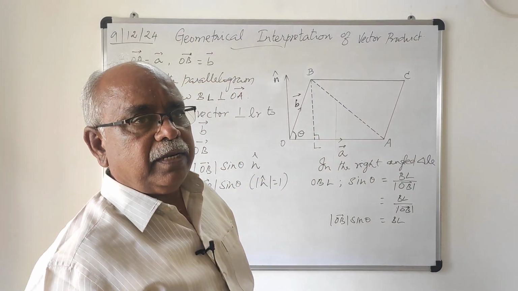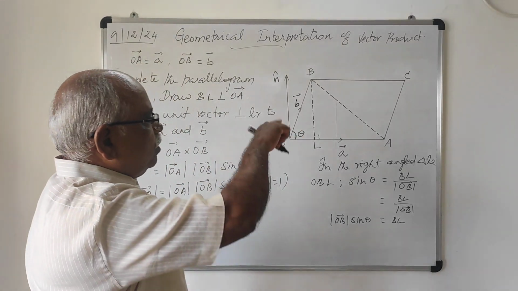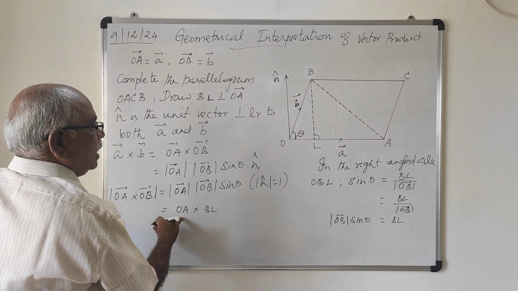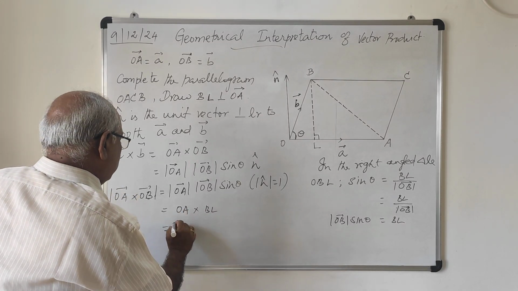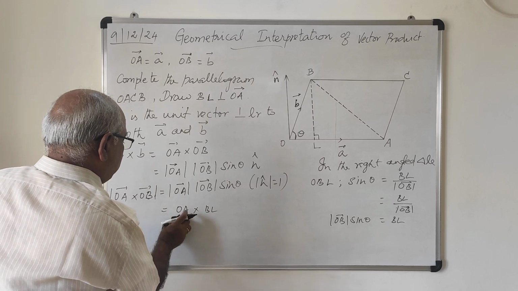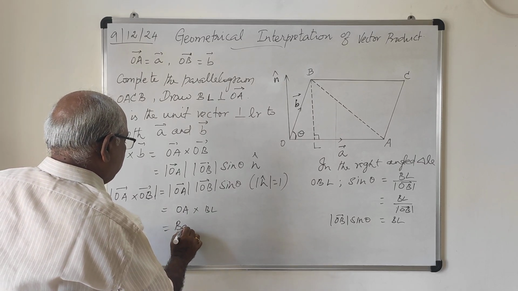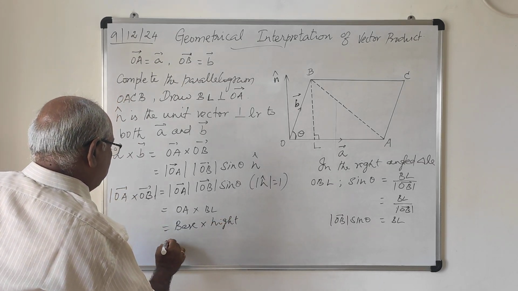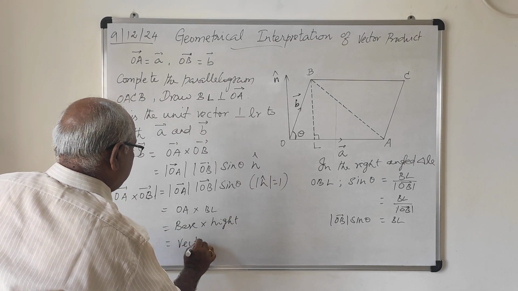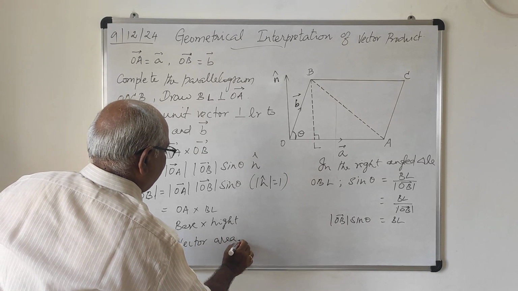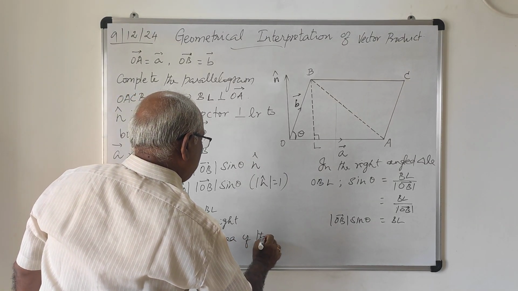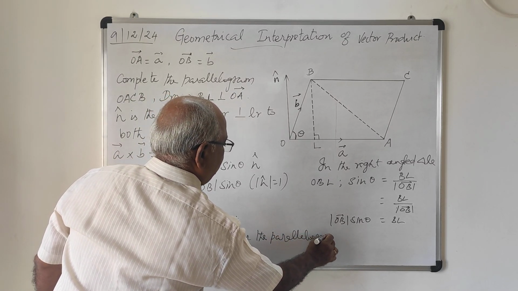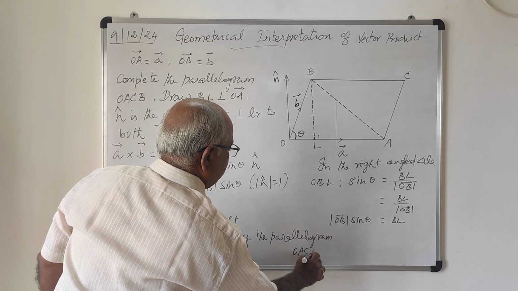Base into height is nothing but the vector area of the parallelogram OACB.